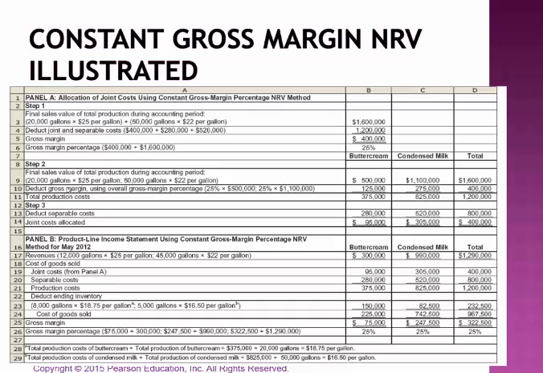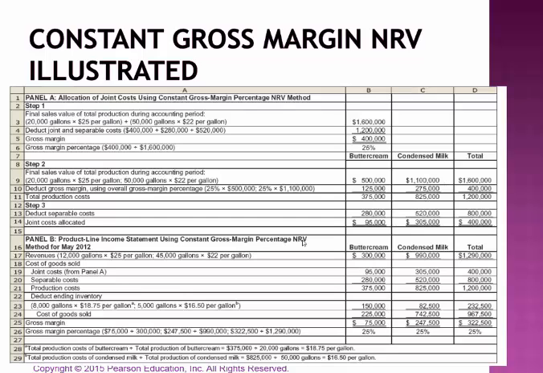All right, go to step 2. Taking the final sales value for the individual products. Buttercream, if we sold all 20,000 gallons, would be $500,000. And the condensed milk, if we sold all 50,000 gallons of it, would be 1.1 million. We then are going to deduct from that gross margin based on the 25%.